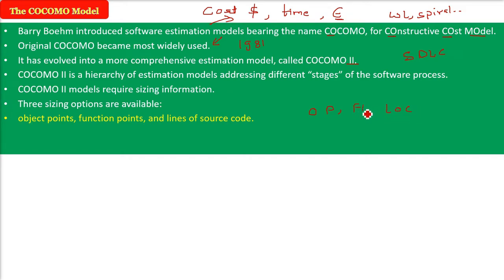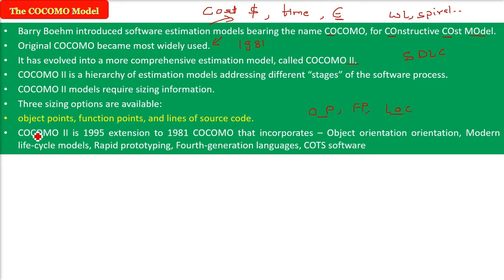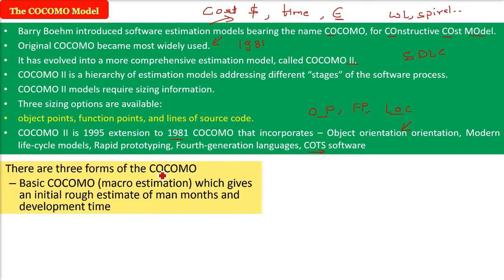Now we also call it the DSI, that is delivered source instructions. COCOMO 2 is a 1995 extension to the earlier COCOMO 1981 model that incorporates various other things like the object-oriented paradigm, modern lifecycle models, rapid prototyping, which has come, agile development has taken place, the different languages which have come up, fourth generation languages, and commercial off-the-shelf software.